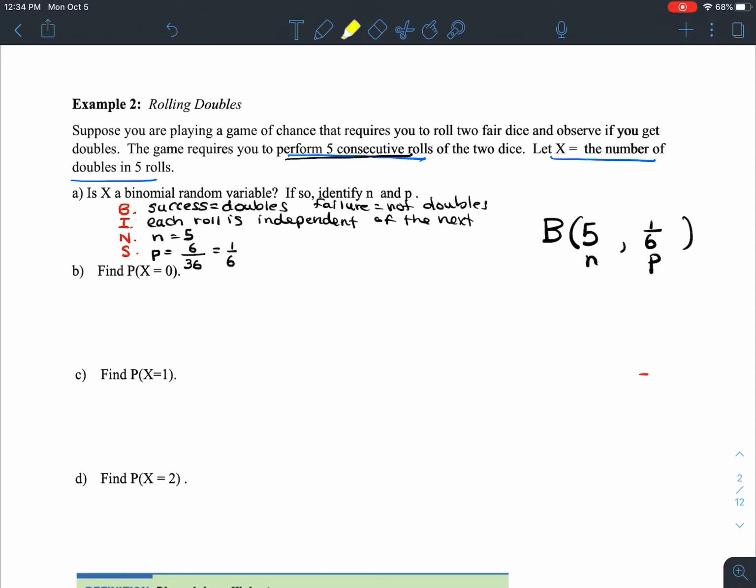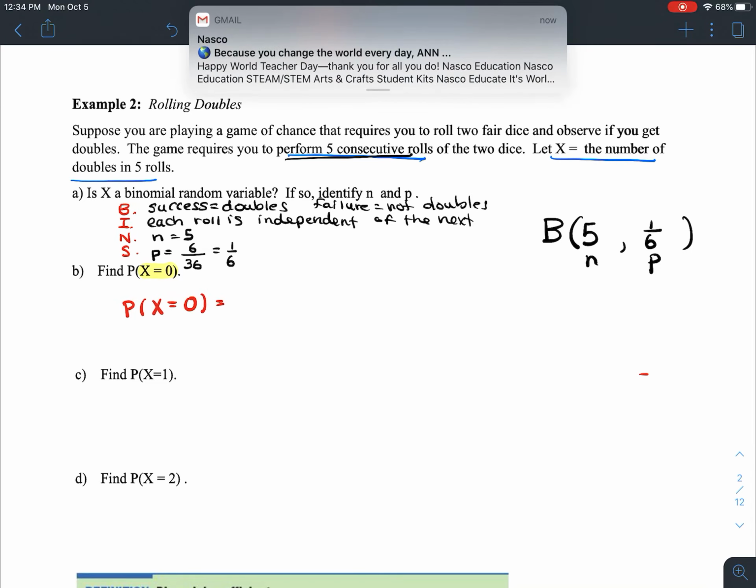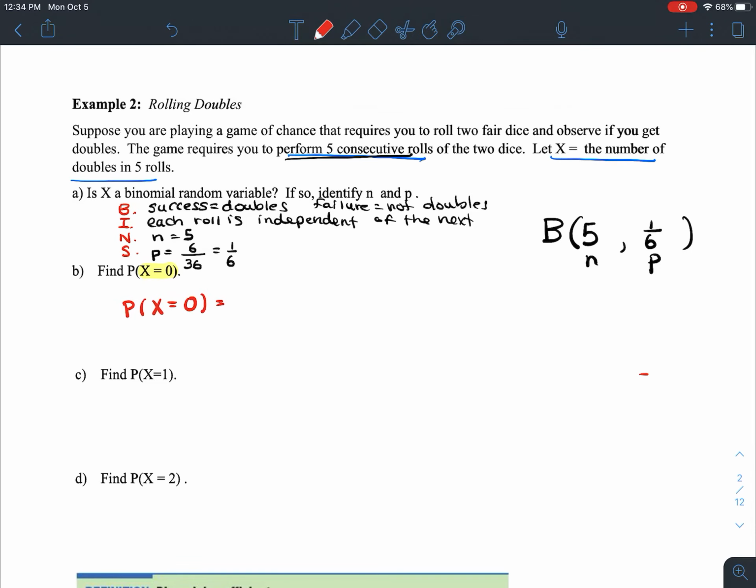When we see what's the probability of x equaling 0, that means we want to know what is the probability that if you were to roll 5 consecutive rolls, you would not get any doubles at all. Okay, so that means there's no success in those 5 trials. It's one failure after another, 5 times in a row. Now keep in mind, a success, rolling doubles, is 1/6, so the likelihood of not rolling doubles, the complement of that, would be 5/6.